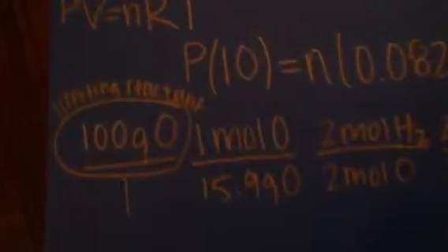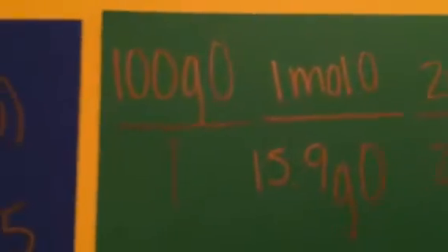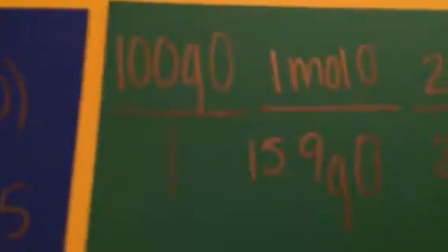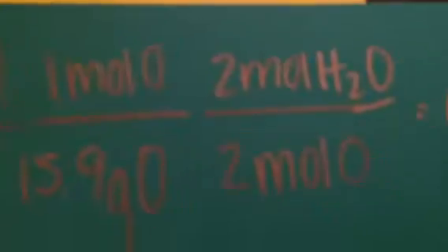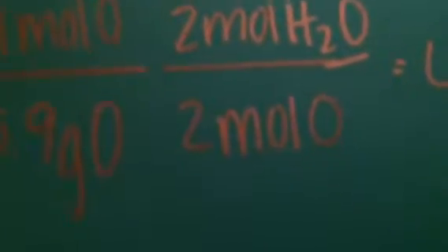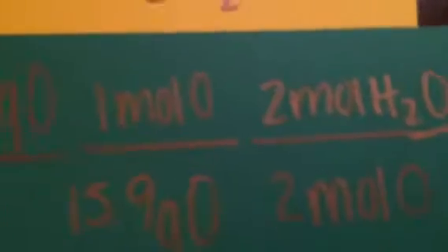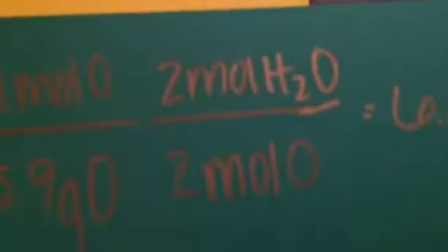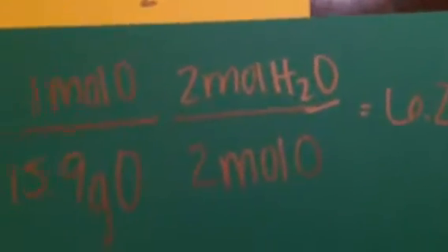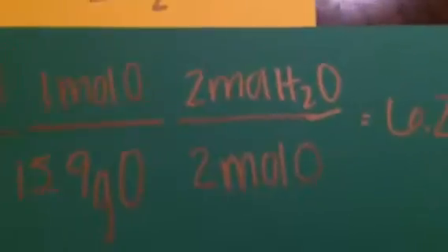So now that we found our limiting reactant, we can plug it back in to find our moles of H2O. Okay, so we take our limiting reactant, which is 100 grams of oxygen, put it over 1, 15.9 grams of oxygen, which we already knew, to cancel that out, 1 mole of oxygen, put 2 moles of oxygen on the bottom, that we found in our balanced equation, cancel those out, and whenever there's a mole on the bottom, you will most likely always put a mole on the top.